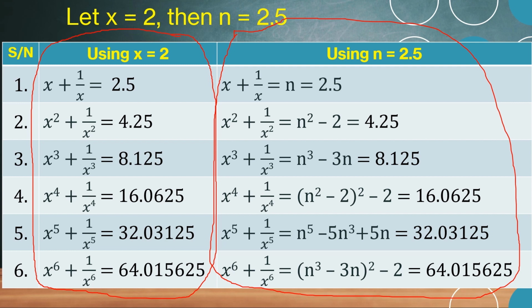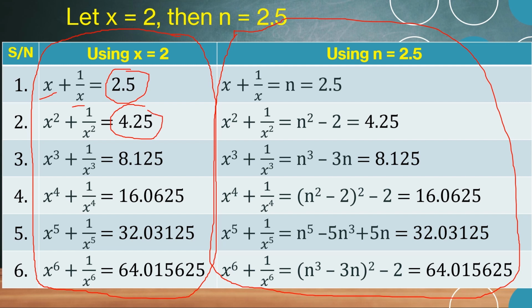Now, if you substitute x is equal to 2, that is for everywhere you see x on the left-hand side column, which is what we have just done, these are the corresponding values we get.